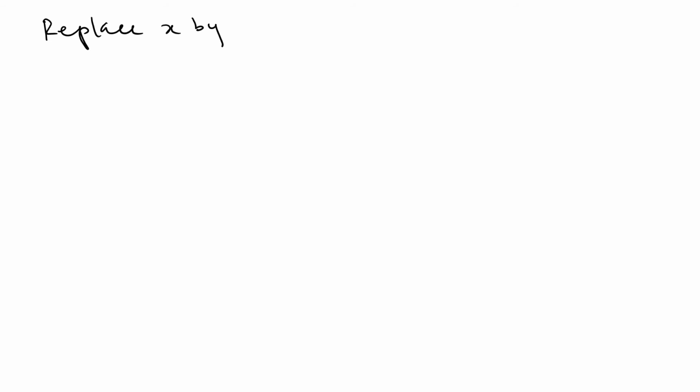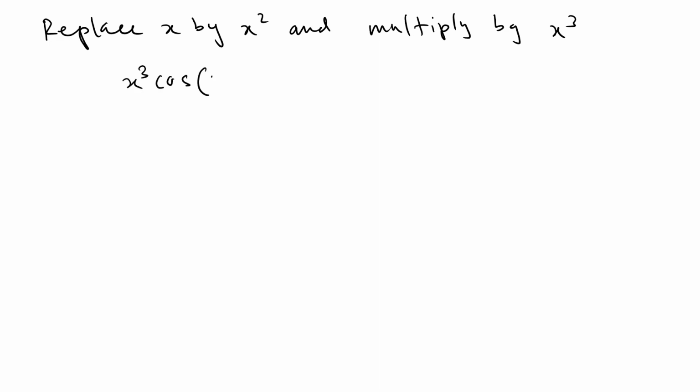After you replace, you multiply by x cubed, because that's what you have in front. So after doing that, we're going to get x cubed cosine 3x squared equals, let's go to the sigma notation and plug in.